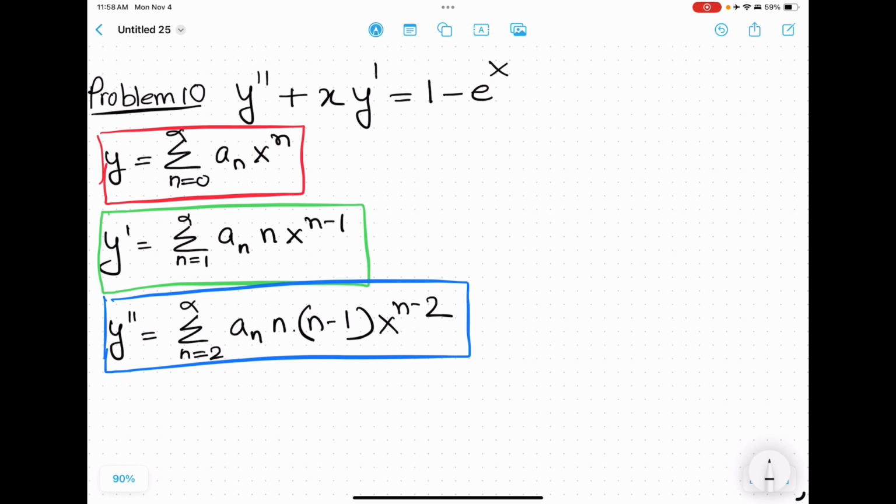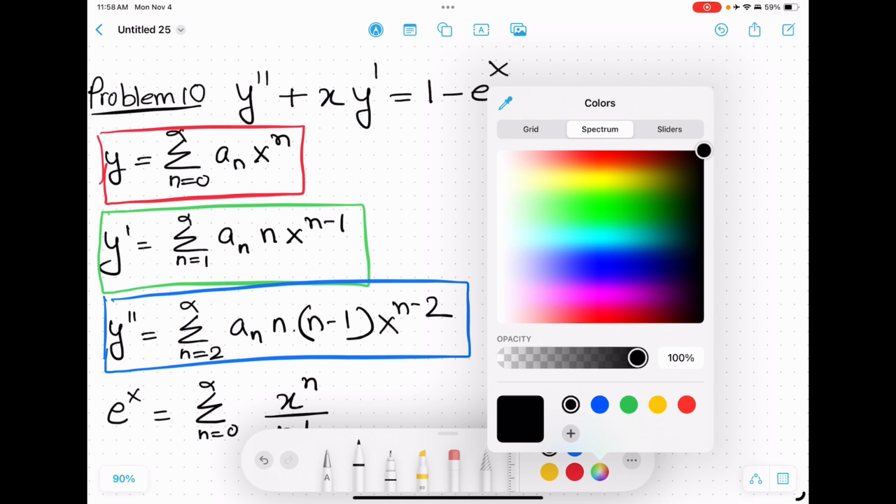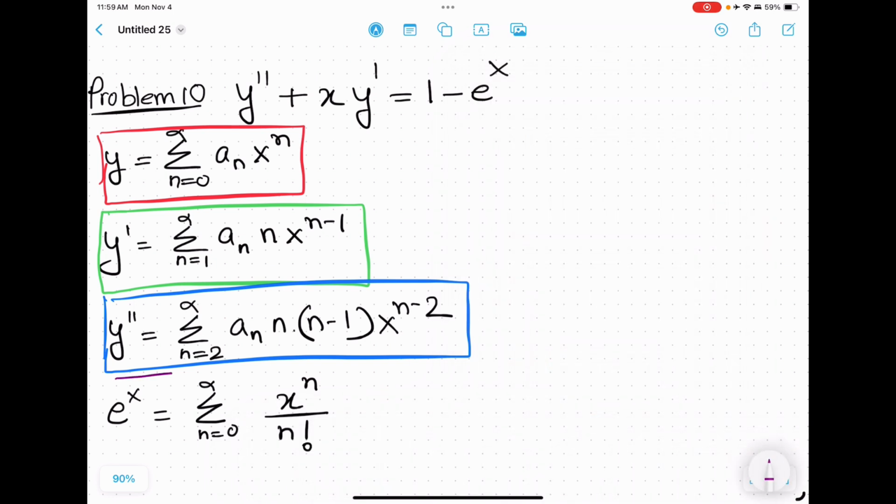Here we will also use a different power series for e to the power x, which is basically the summation n equals 0 to infinity of x to the power n divided by n factorial. I will use a purple color for this new guest. Okay, so our new guest gets a purple color.